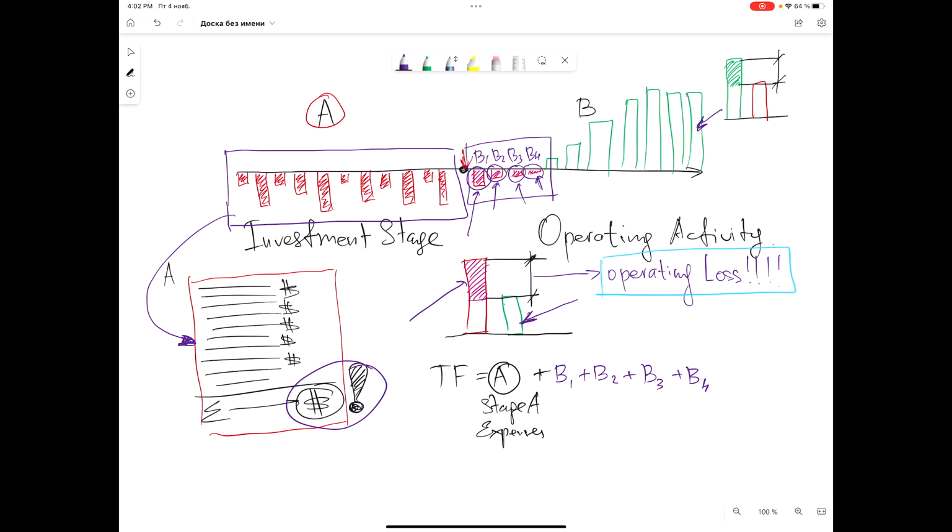And this is a tricky thing because this period of operating losses can be longer or shorter. Some businesses reach break-even point during 2 months, 1 month, half a year. And for that purpose, you need to build a financial model to see the difference.